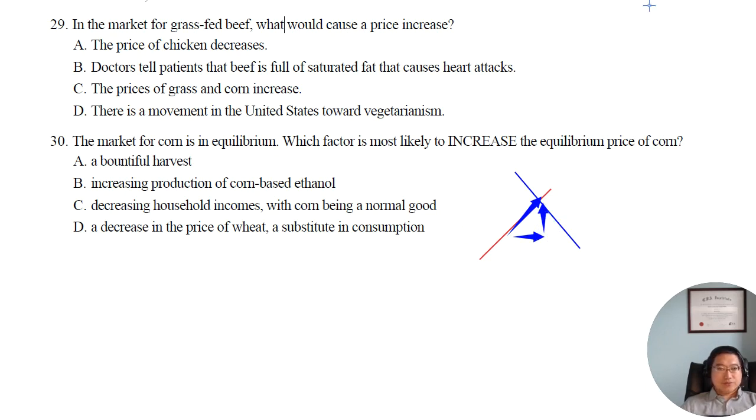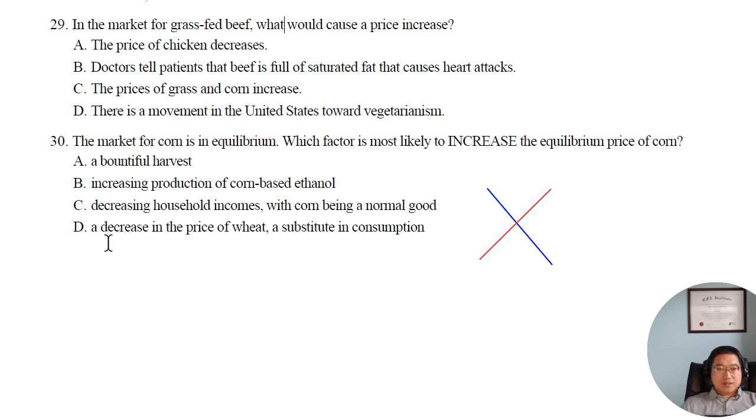That is for B. C, decreasing household incomes with corn being a normal good. So corn is a normal good, households eat corn, and they now have less money, they buy less corn, right? Decreasing demand. Again, decreasing demand. Does that give you a higher equilibrium price in corn?